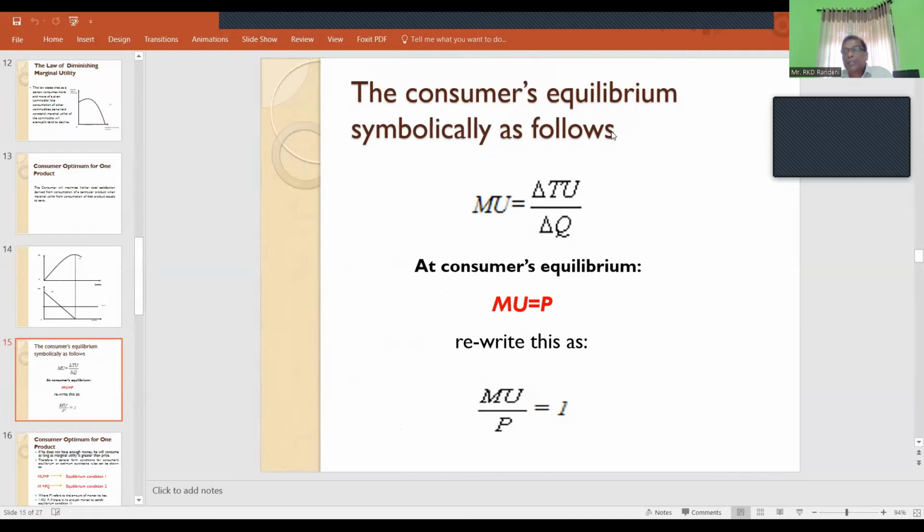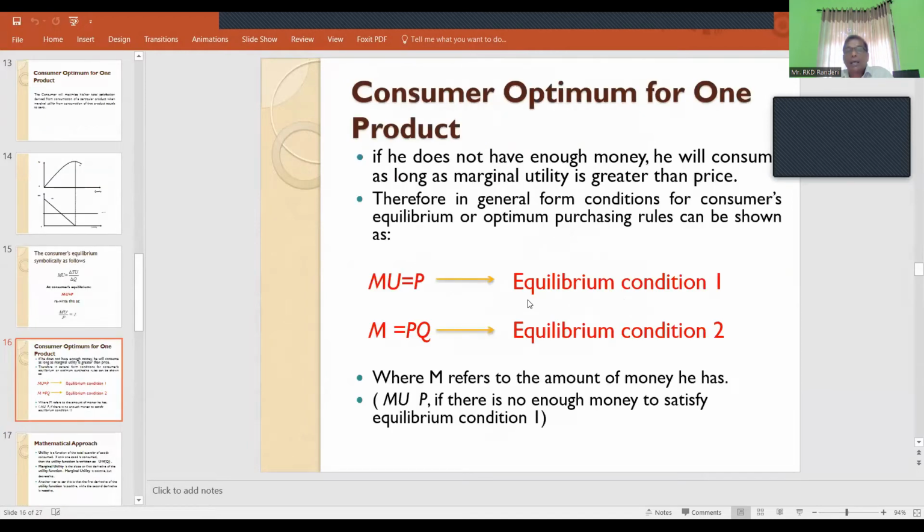Consumer equilibrium point, according to the diminishing marginal utility theory, means that the consumer is consuming one commodity, then how is the consumer equilibrium point reached? Now we have to consider the condition at the consumer equilibrium point.